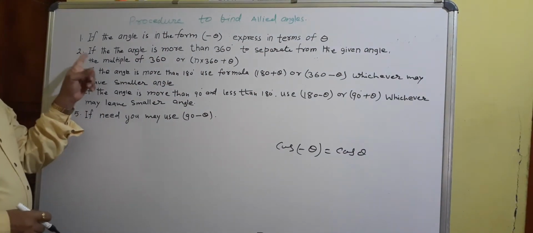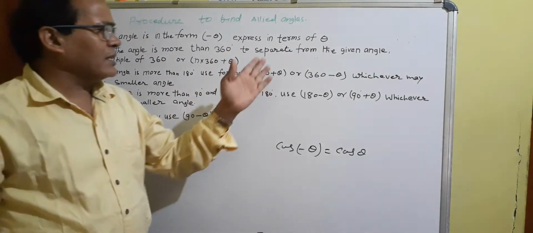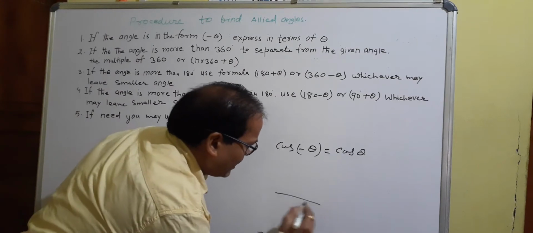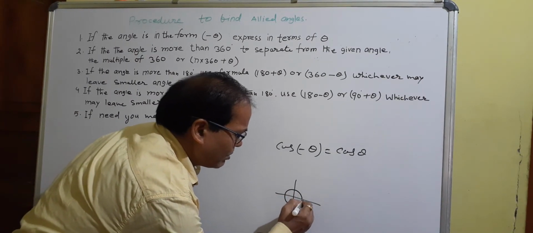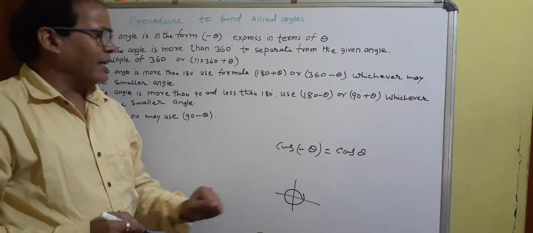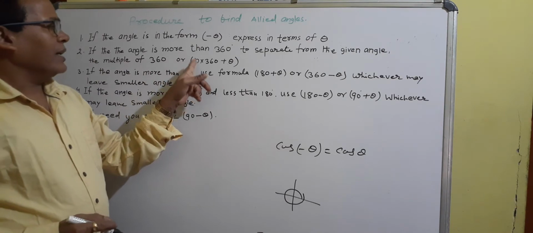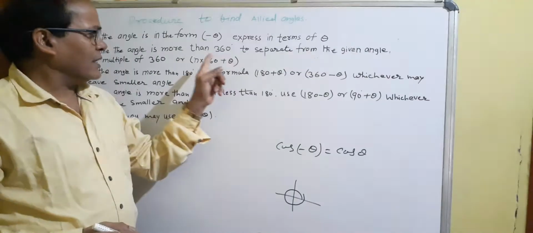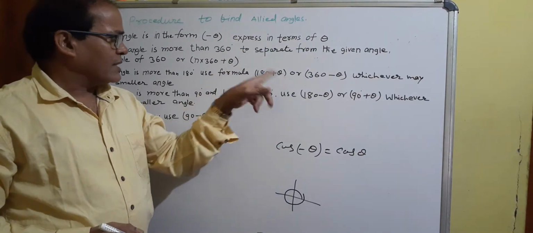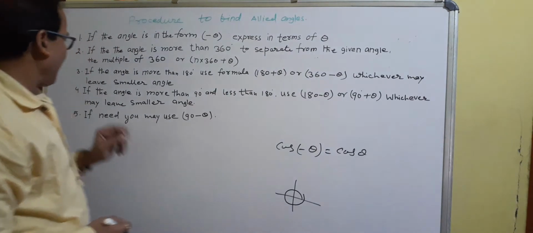Likewise, number 2, if the angle is more than 360, so if one round is completed, it is 360. More than 360 means it will come again in the first quadrant. So we will convert it into n times 360 plus theta, and n times 360 plus theta will give the same trigonometric ratio as in the first quadrant. So all will be positive.